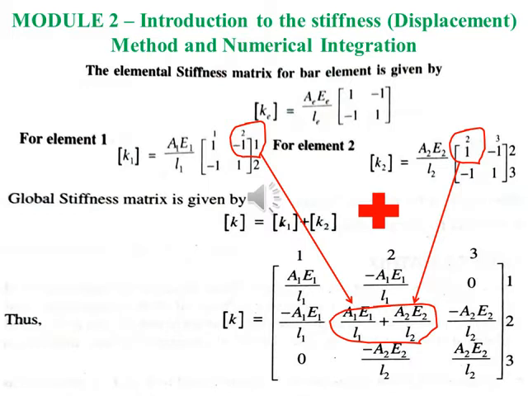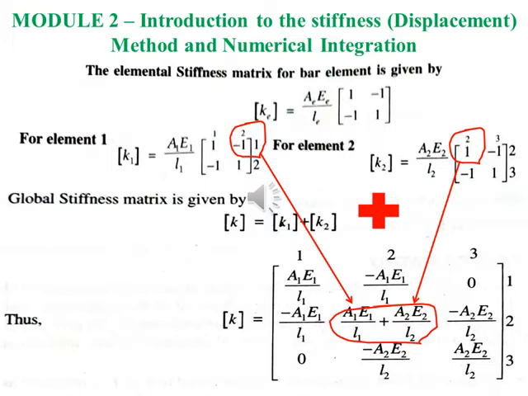Okay, so here we can see 2 and 3 is written on the top and on the right hand side. So the effect of node 1 and node 2 is represented in the first stiffness matrix, whereas the effect of node 2 and 3 is represented in the second stiffness matrix.